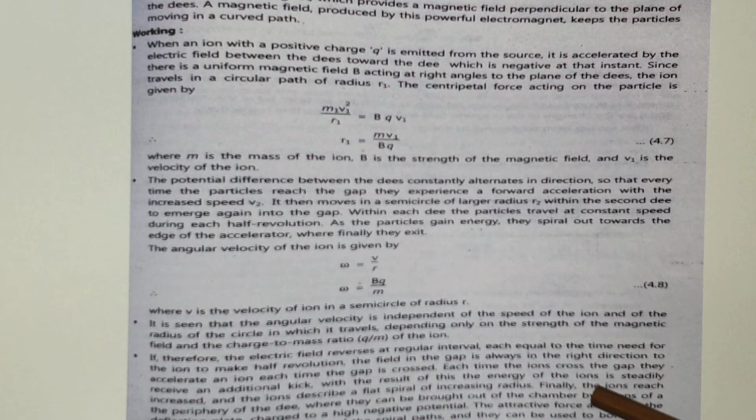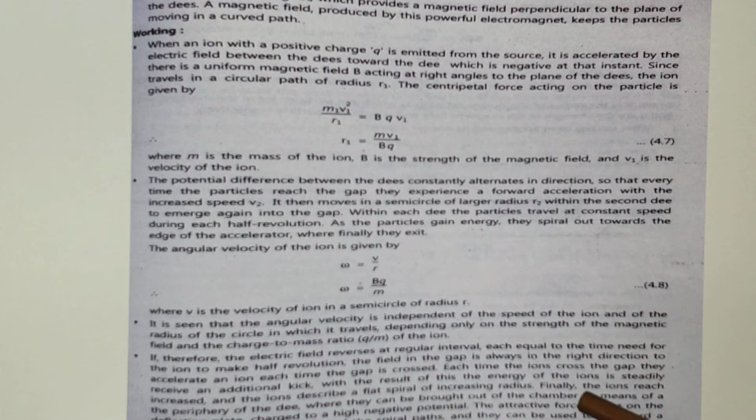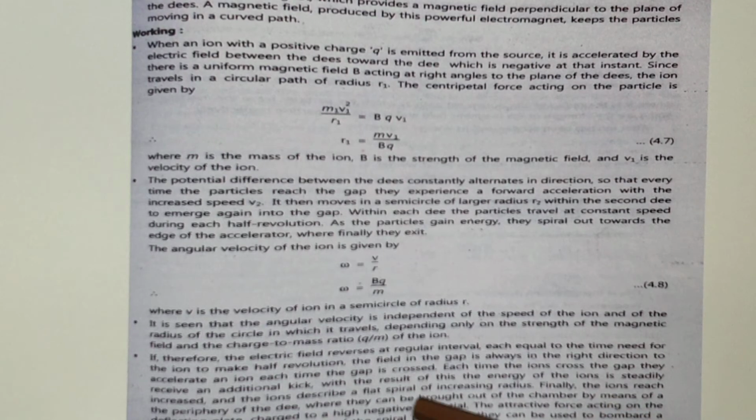Each time the ions cross the gap, they accelerate and receive an additional kick. As a result, the energy of the ion is steadily increased, and the ions describe a flat spiral of increasing radius.